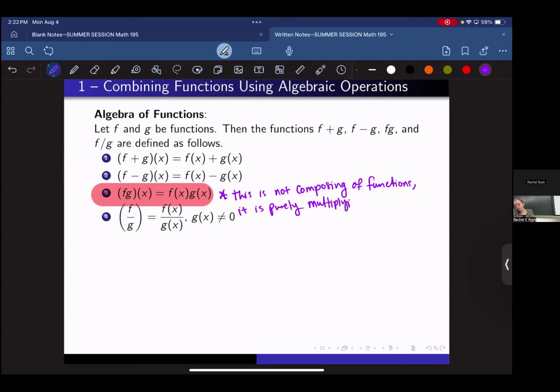Composing is when you're putting a function within a function. You're not taking a product. And so f of g of x, even though it looks like multiplication, it's not. When you have the parentheses within the function itself, that's where composition takes place. Another way to represent this is that open circle, that mini circle over here, which stands for composition. But we'll practice with this notation a lot throughout this section.